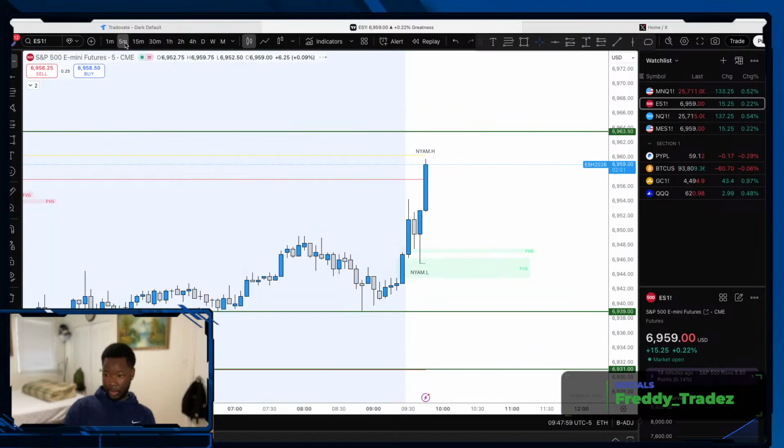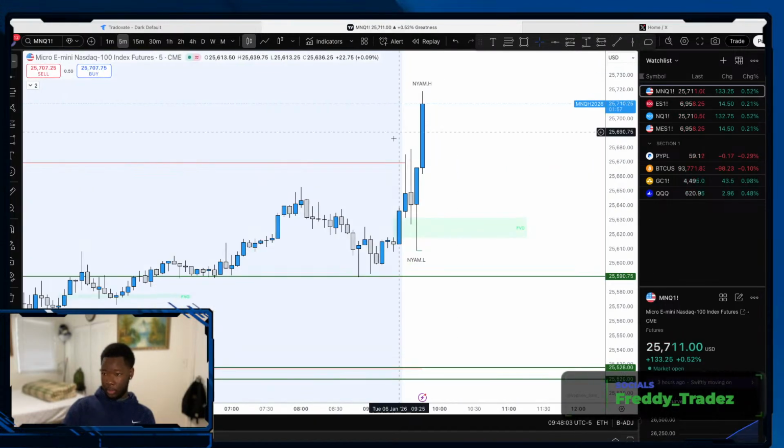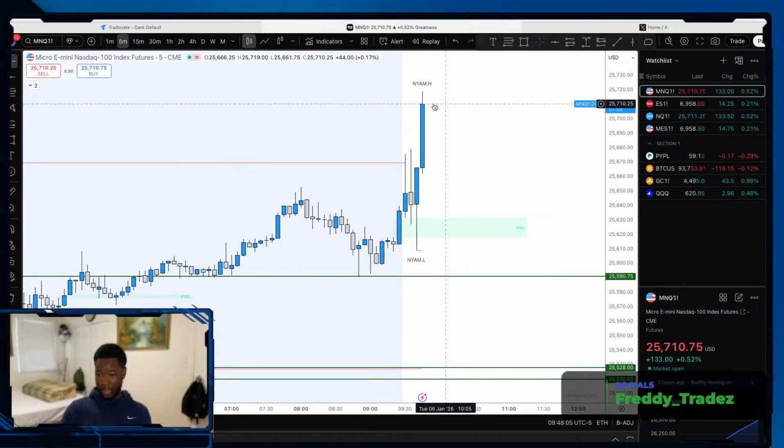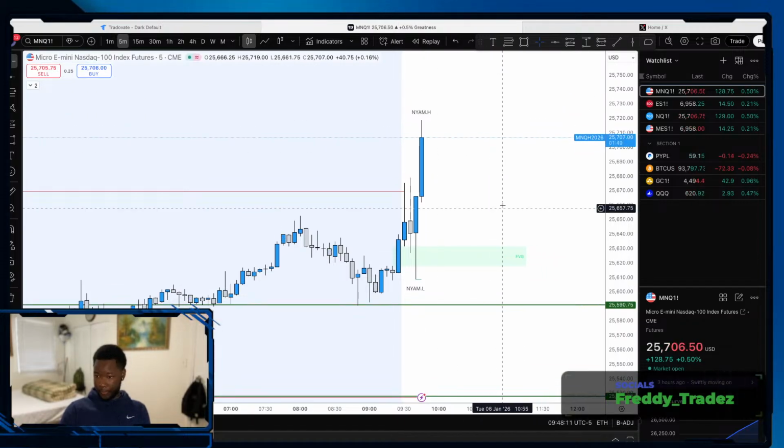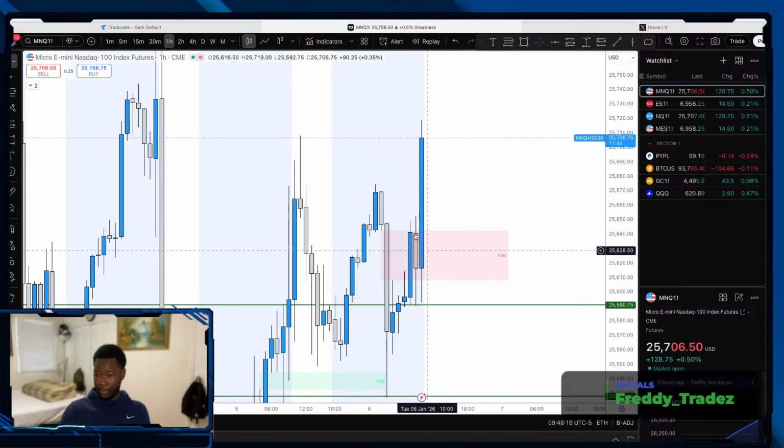What I want to see now is a 5 minute gap get created somewhere in here, and then I'll look to take longs out of it. Probably just gonna wait till 10 o'clock closer though.